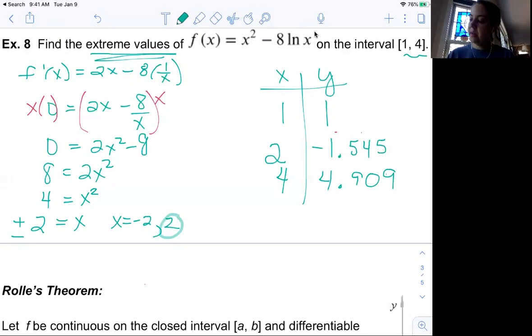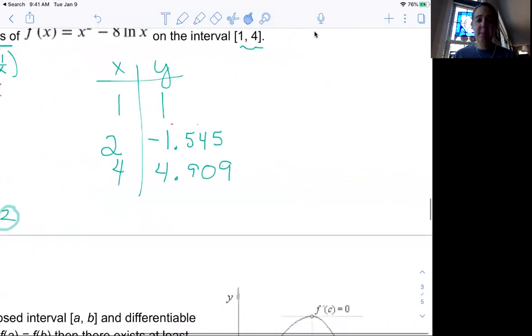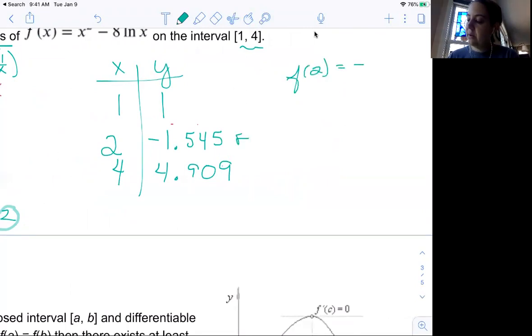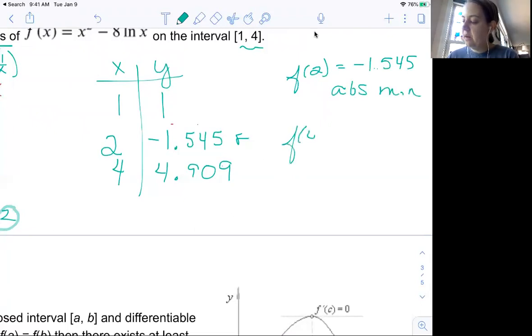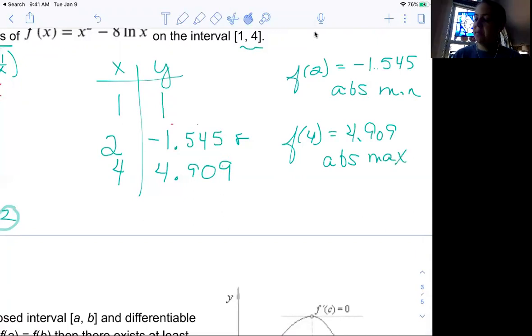Based on these decimal values, and again, they're not as pretty as the other integers we had, my lowest is right here. So f of 2 equals -1.545 is my absolute min. And f of 4 equals 4.909 is my absolute max. There you go, absolute max and min.